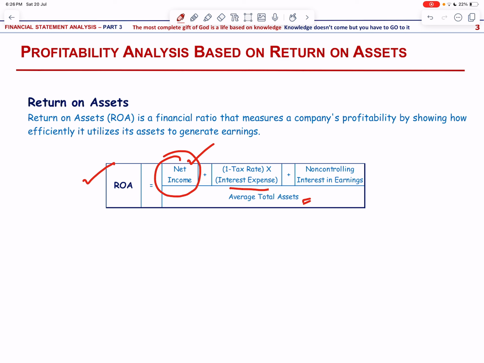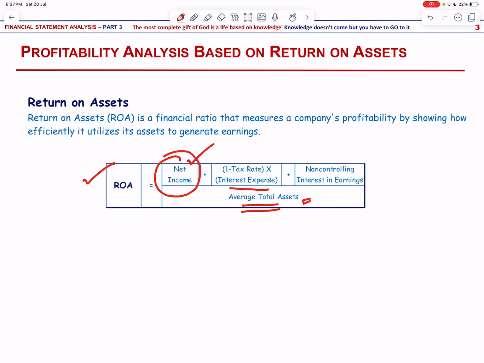The total tax rate affecting net income includes state, local, and foreign taxes, along with adjustments for differences between accounting and taxable income. Average total assets are typically used in the denominator of return on assets to smooth out fluctuations over the period analyzed, providing a more consistent measure of how effectively assets are being utilized.